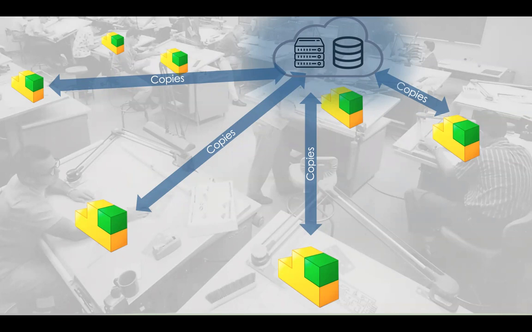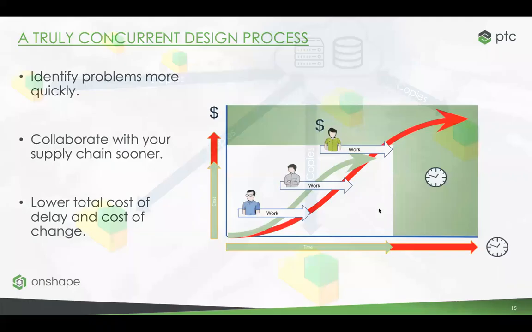Okay. So what Onshape did was develop a tool that allows for a truly concurrent design process where multiple people can work at the same time together on an assembly or even a part.